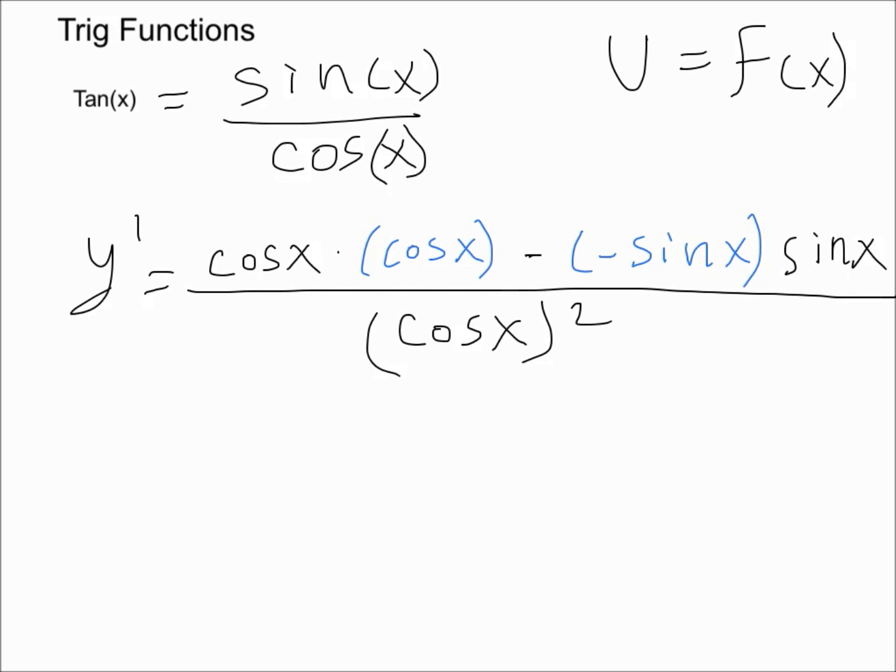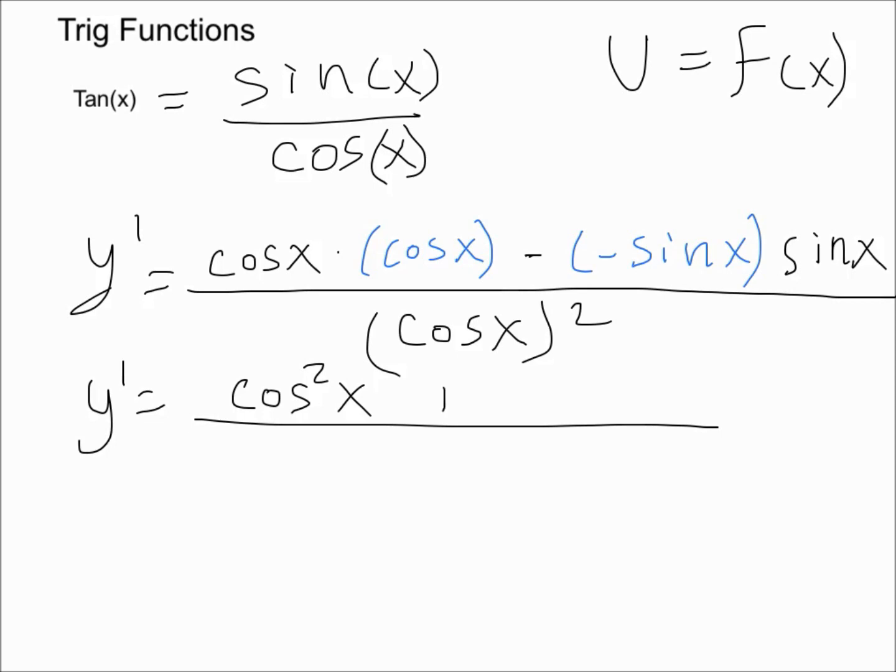And what we get after adding everything up is cosine squared of x plus sine squared of x over cosine squared of x. And I will talk about this in future videos, this is equal to 1 because it's an identity.